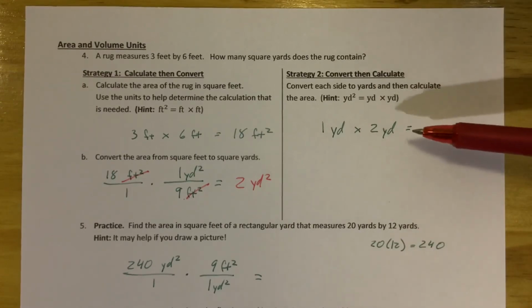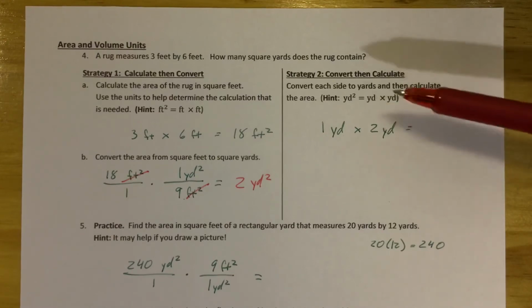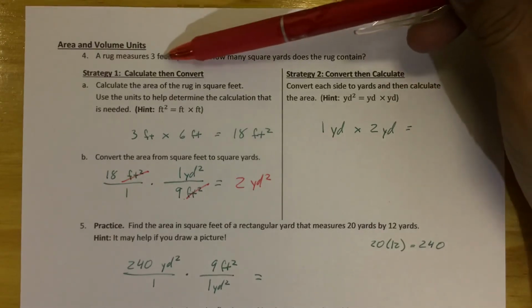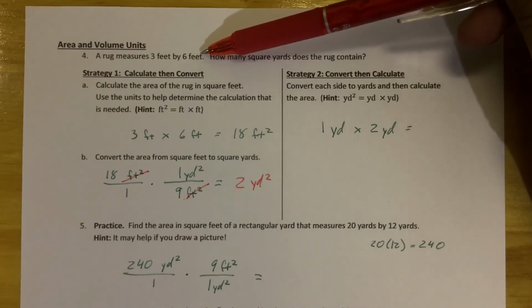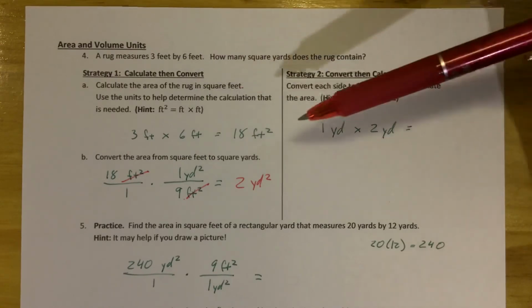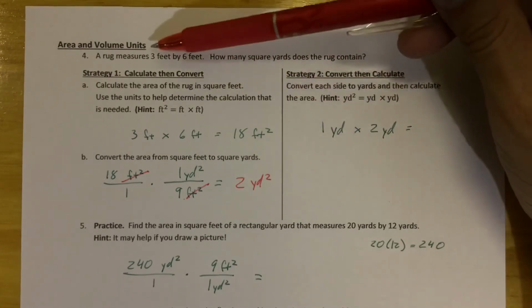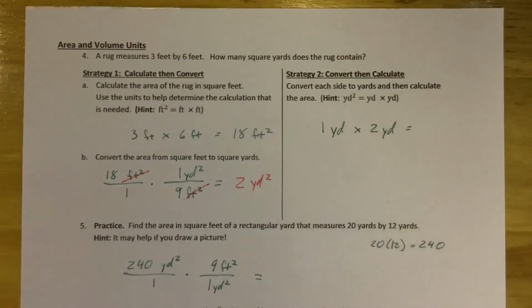And though that might sound very convenient, the reason that I don't like this is in a problem like the one that we're looking at, these convert into yards really nicely. But there are a lot more problems out there that the dimensions that we're going to use aren't going to convert nicely. Like if I gave you 4 feet, well, how many yards is 4 feet?